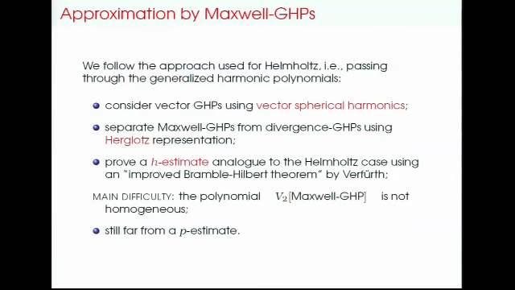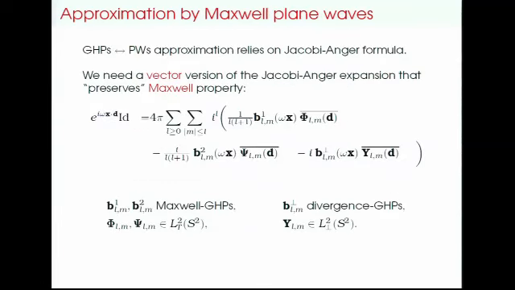We only have an h estimate for generalized polynomials using vector spherical harmonics to define the vector generalized harmonic polynomials, and a special result by Verfürth that improves the Bramble-Hilbert theorem. But this is only h, and for the approximation by plane waves, we have to use a special Jacobi-Anger that preserves the Maxwell properties.